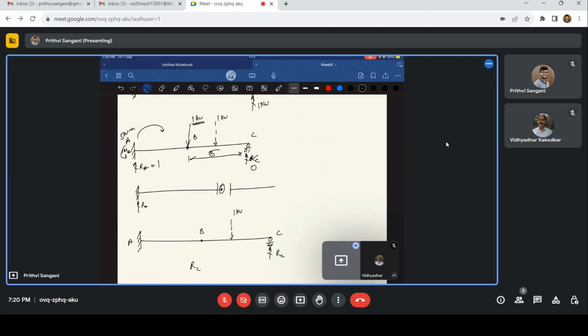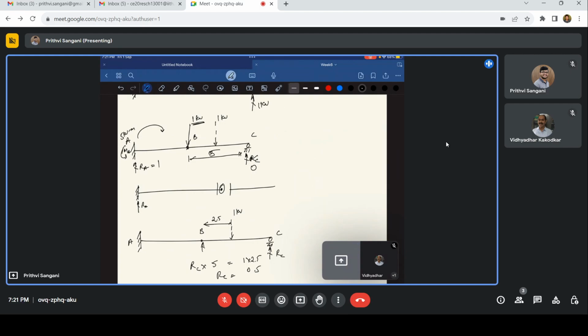So let us say this is at a distance of 2.5, that is half the span. So RC times 5 is 1 times 2.5. That means RC is 0.5. So if RC is 0.5, what should be the shear force at B? B is a hinge again. A hinge cannot transfer the moment, but it can transfer the shear force.